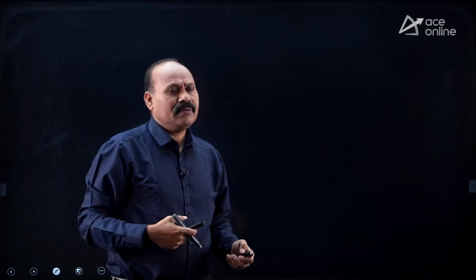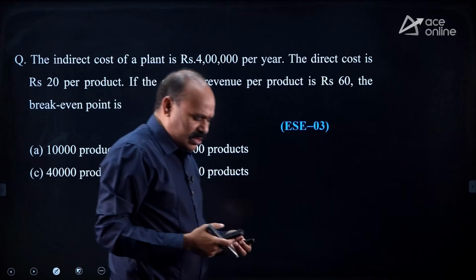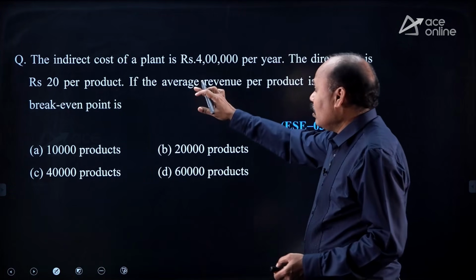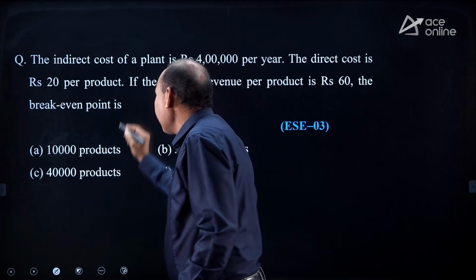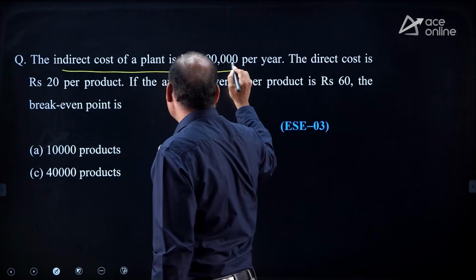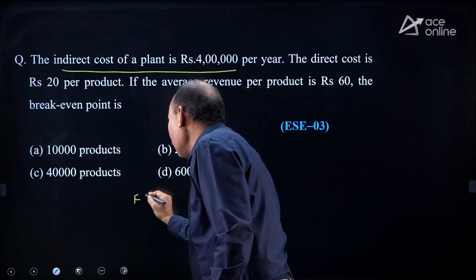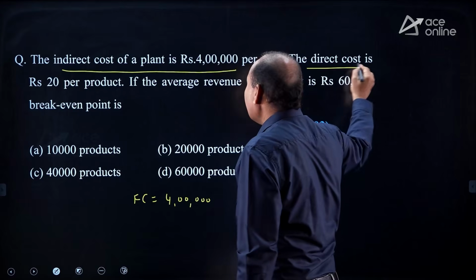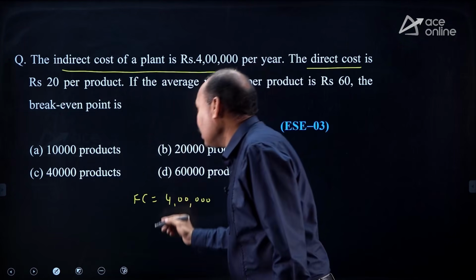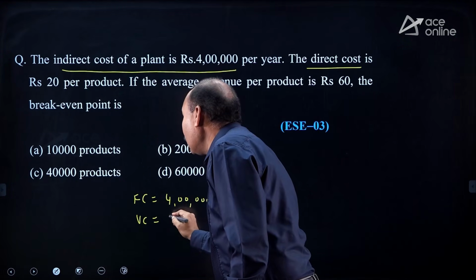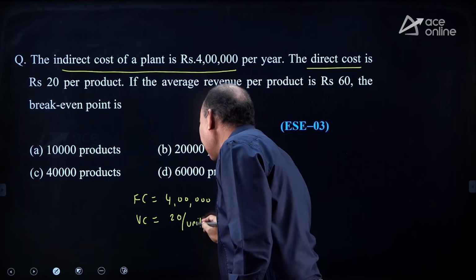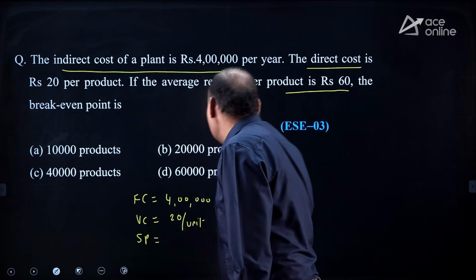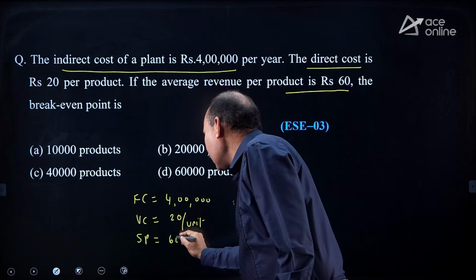Last question, maybe this EAC question. Of course, you may find questions like this also. Indirect cost, 4 lakhs, so FC is equal to 4 lakhs. Direct cost means manufacturing cost, VC is equal to 20 per unit. Revenue, SP is equal to 60 per unit.